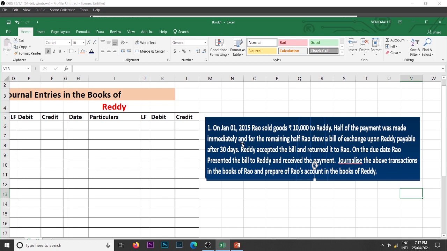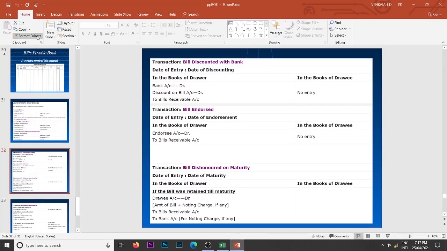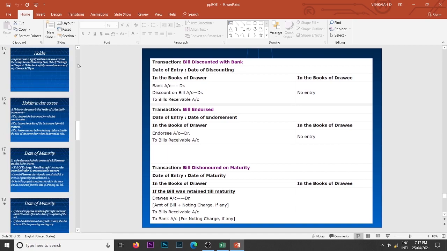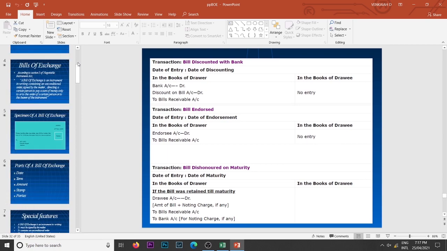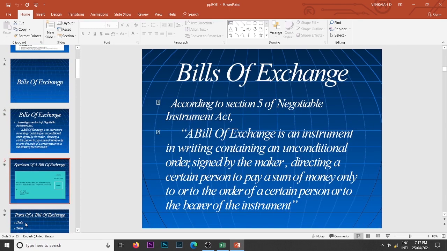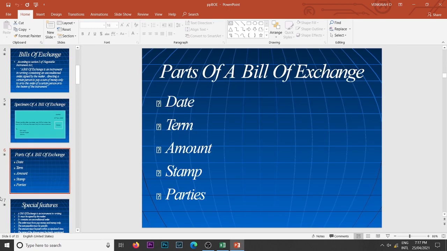First we will understand the contents of the bill. Let me show you. The date may be 1st January 2015.